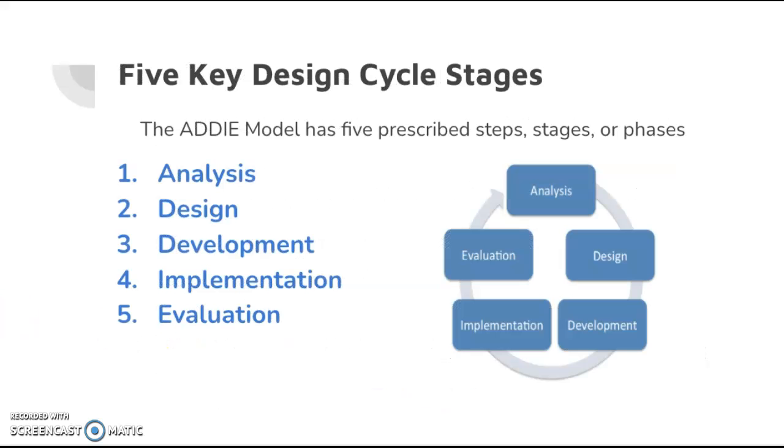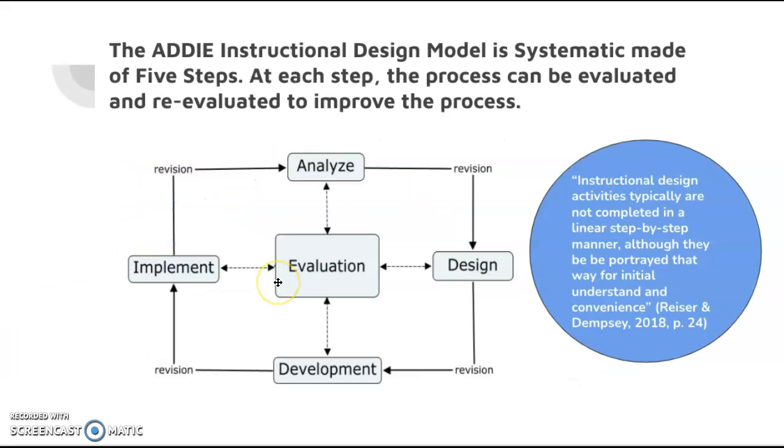So let's go ahead and take a look at the 5 key design cycle stages. So we have analysis, design, development, implementation, and evaluation. Notice the cyclical nature of this model. What I want you to take a look at is that during this cyclical design process, you can see the arrows pointing back to evaluation.